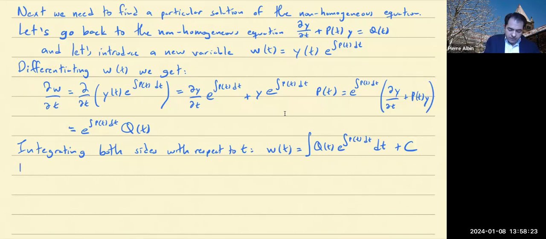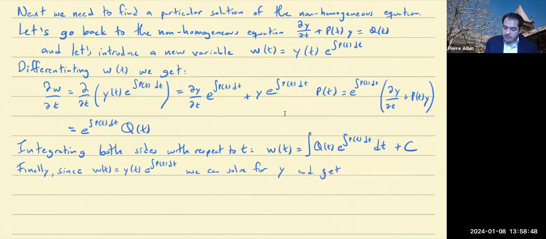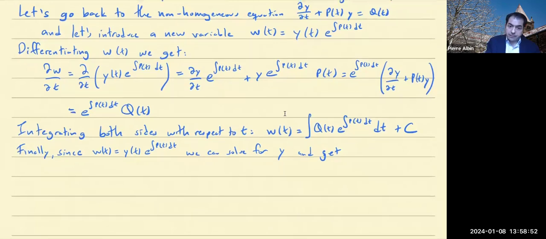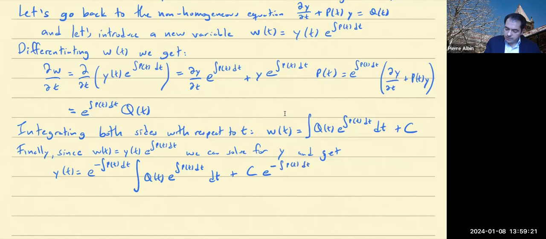Okay. Finally, since w of t was by definition y of t times the exponential of the integral of p of t, we can solve for y and get y of t is equal to e to the minus the integral of p of t dt times this integral of q of t e to the integral of p of t dt, plus, right, then I have this plus the constant, so I get plus constant times e to the minus integral of p of t dt.